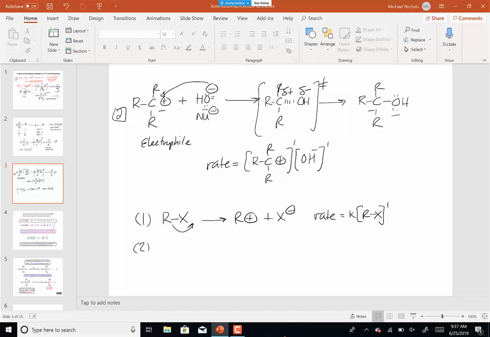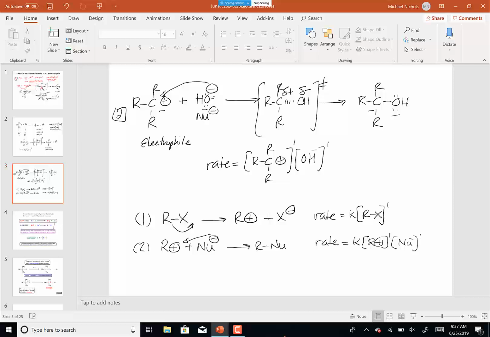Then in the second step, the carbocation reacts with the nucleophile to form the final product, and the rate of that elementary step would be dependent on the concentration of the carbocation to the first power times the concentration of the nucleophile to the first power as well.